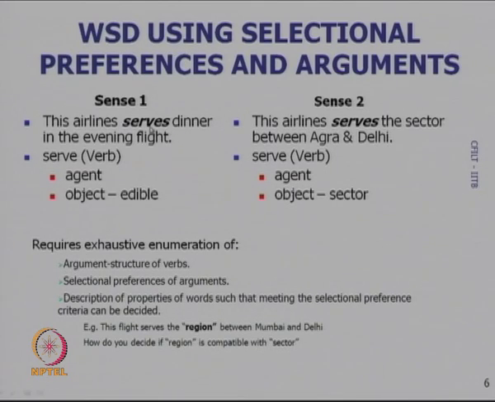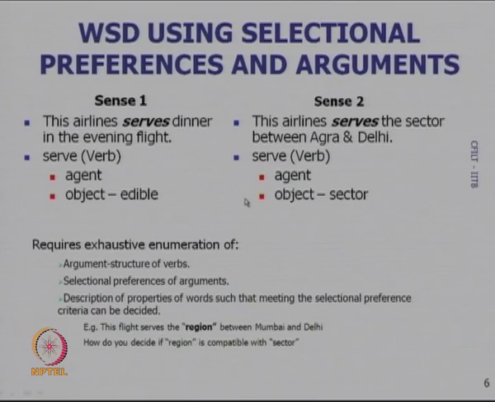So, here serve has the sense of serving a meal, whereas the object of serve is sector. It is not an edible quantity. So, this particular sense of providing a meal is ruled out, and a sector dictates running a service, which is the sense here. So, this is the basic idea.